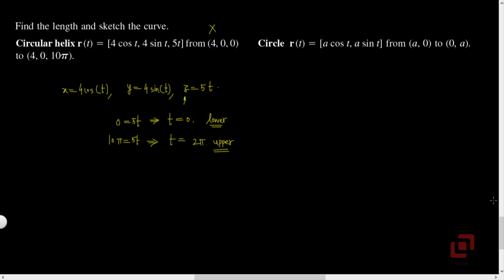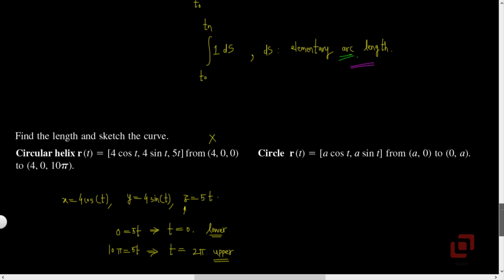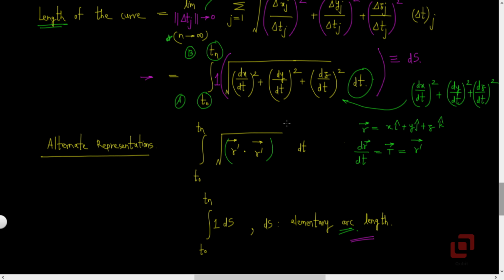We now go back to the formula which we have derived. This one. According to this formula, the integrand is root of (dx by dt) squared plus (dy by dt) squared plus (dz by dt) squared dt, with t0 and tn being the values of the parameter t at the starting point and at the end point of the curve.